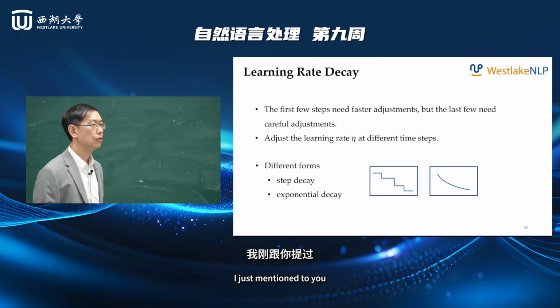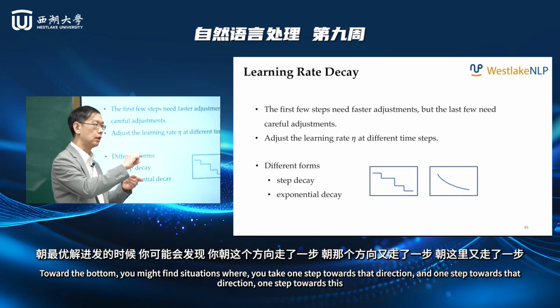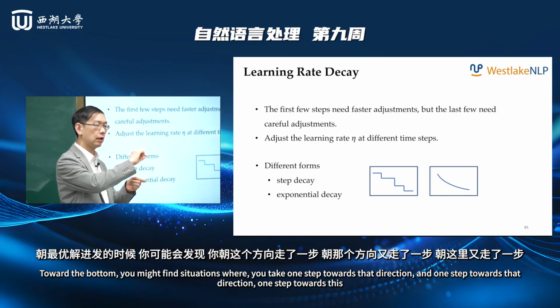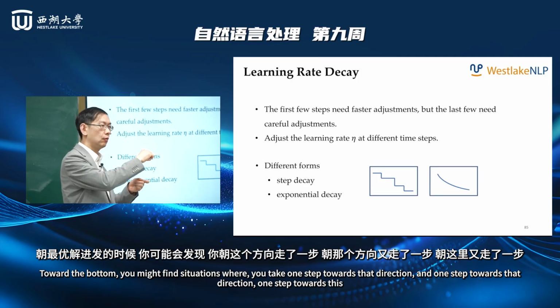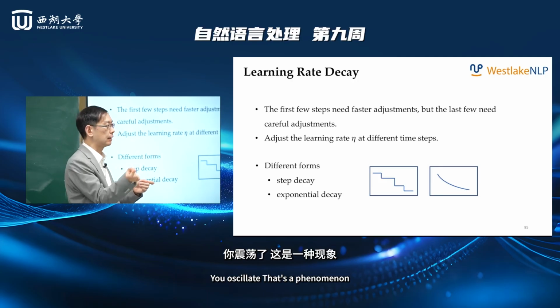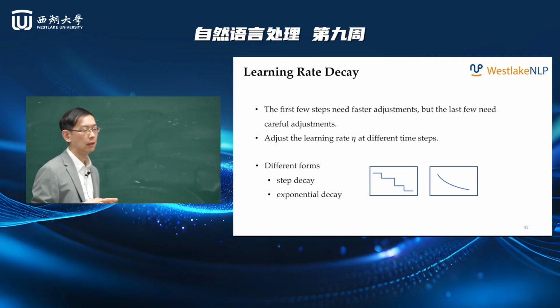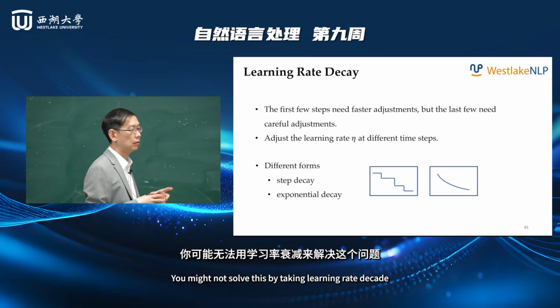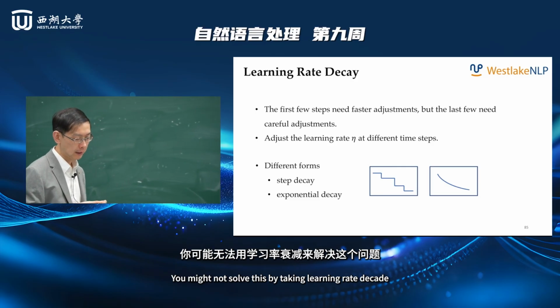I just mentioned to you, towards the bottom, you might find situations where you take one step towards that direction, one step towards that direction, one step towards this direction. You oscillate. That's a phenomenon. You might not solve this by taking learning rate decay.